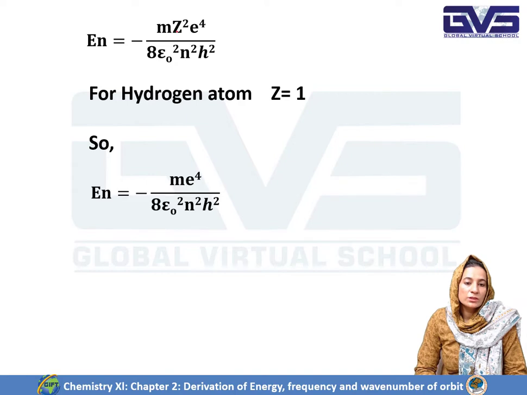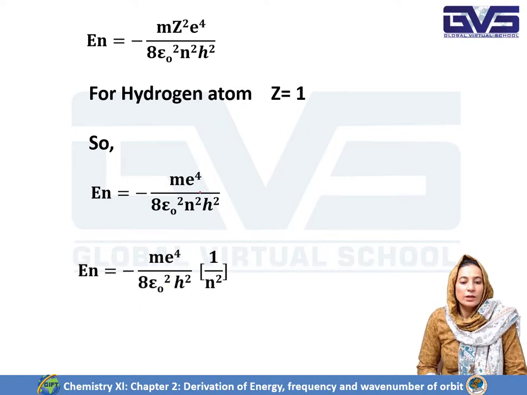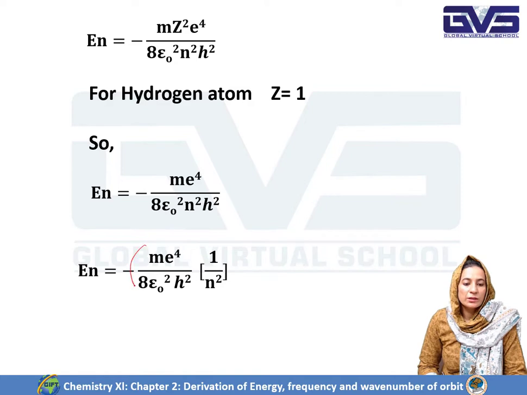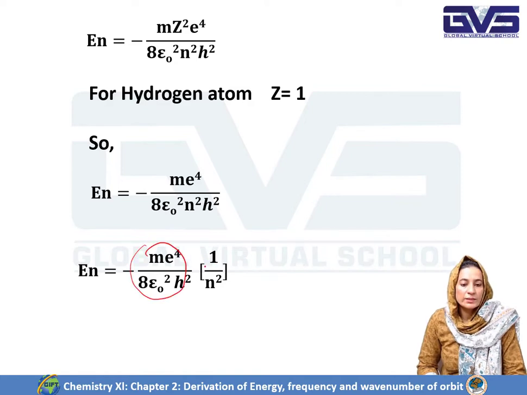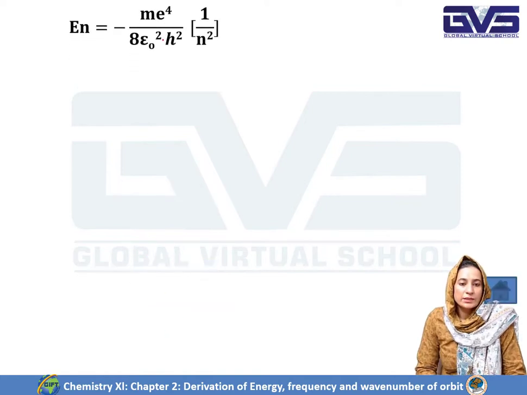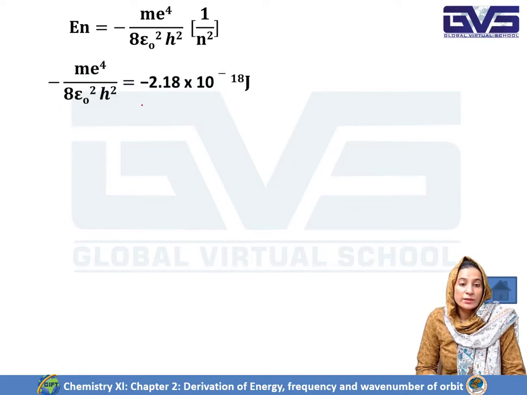So this equation will be like m e raised to power 4 over 8 epsilon squared n squared h squared. Keep the constants out and the variable on one side, like this, and putting in all the values of the constants, you get minus 2.18 times 10 raised to power minus 18 joule.